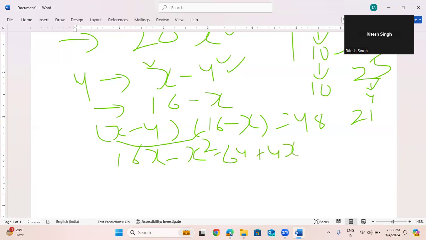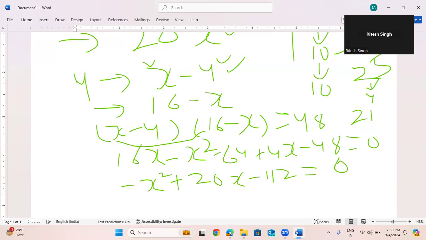This 48 is on the plus side here. If it comes to this side, it will become minus 48 is equal to 0. So what will be the equation? Minus x square plus 20x, and this is minus 64 and minus 48, which is minus 112, is equal to 0.